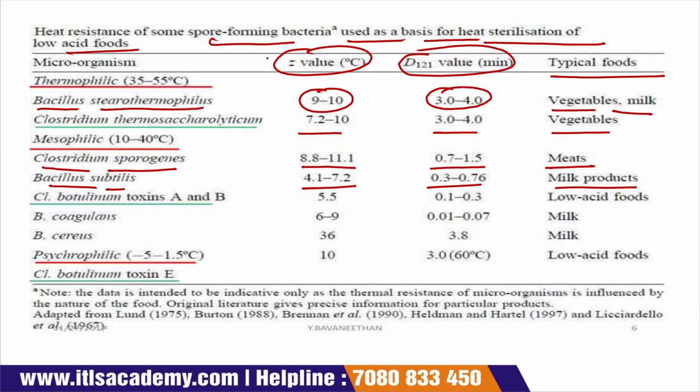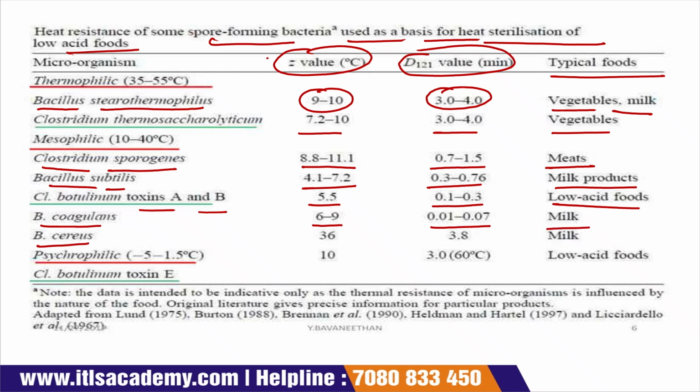Next is Clostridium botulinum toxin A and B. Z value is 5.5, D121 is 0.1 to 0.3, and typical food is low acid food. Next is Bacillus coagulans. Z value is 6.6 to 9, D121 is 0.01 to 0.07, and the product is milk.